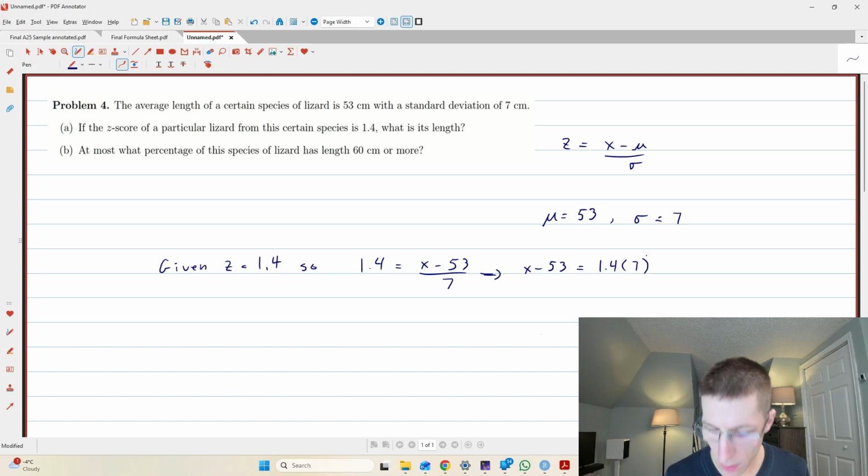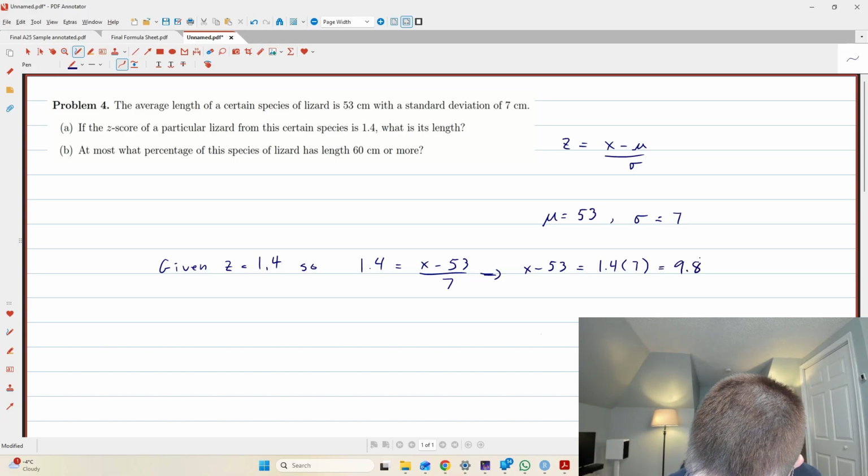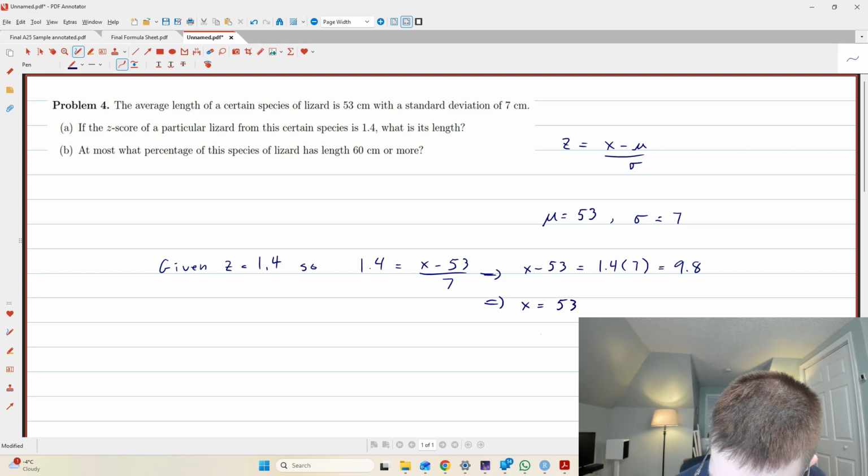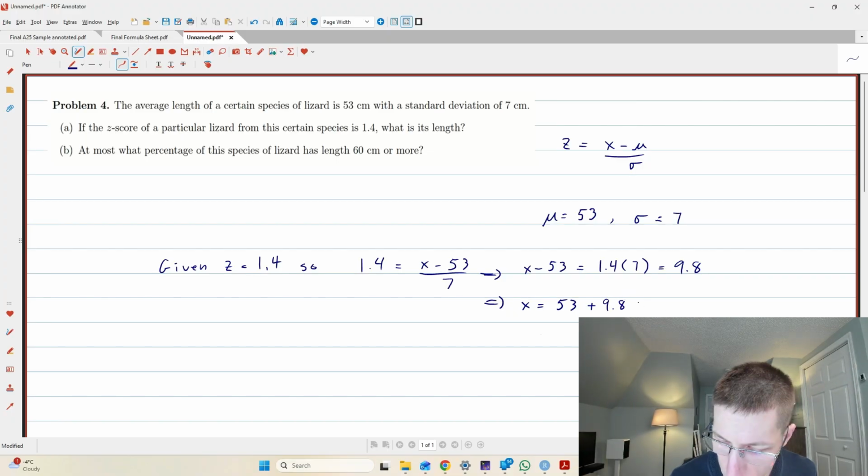Works out to 9.8. So that implies that x, if we bring the 53 over to the right-hand side, is 53 plus 9.8. So that's going to be 62.8. So that is the length.